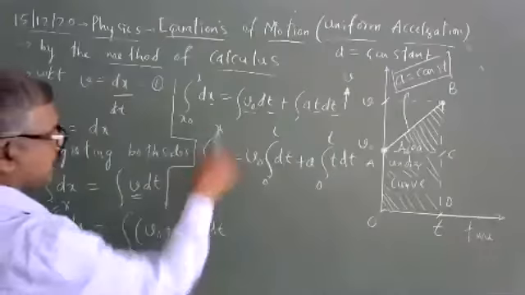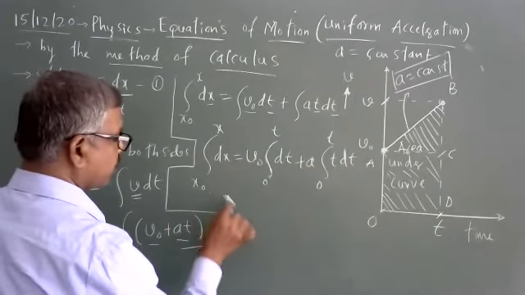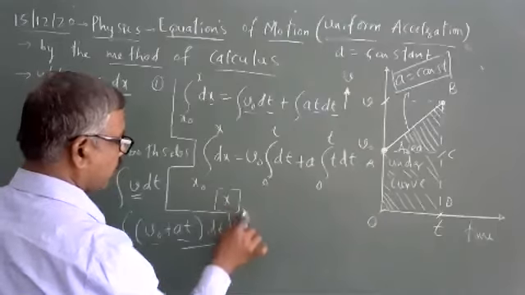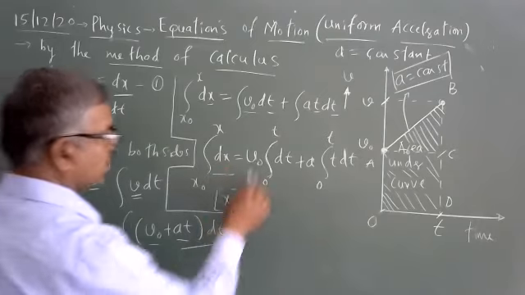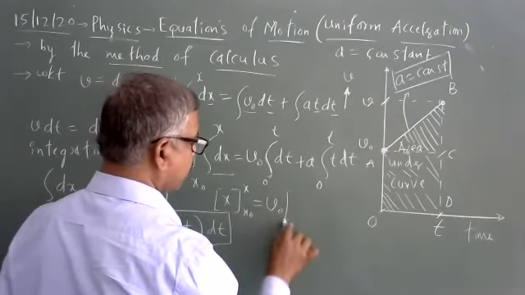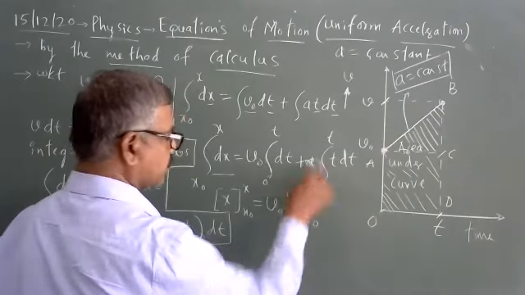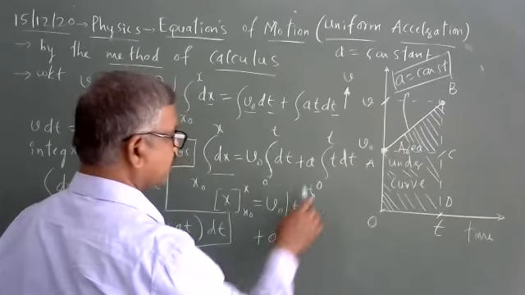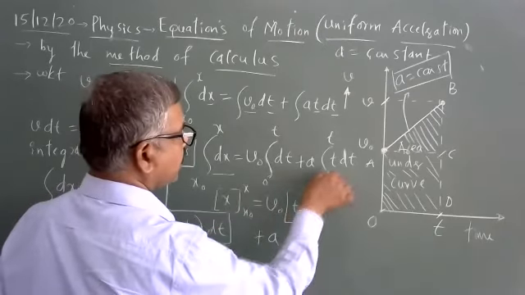Now the integration of this gives me a very simple relation. It becomes x naught x. This first part is over. Now v naught as it is, dt means t from 0 to t, plus acceleration, this whole is a different entity, plus a integration t dt.